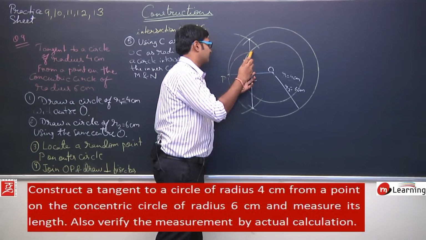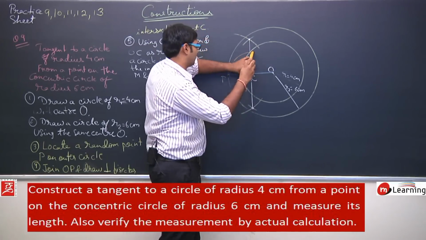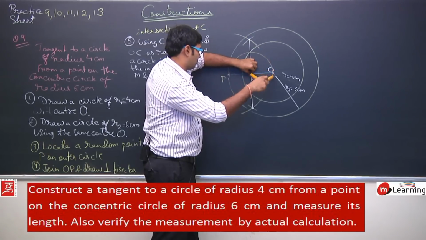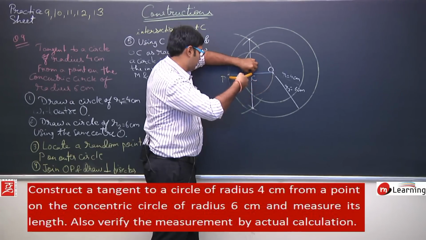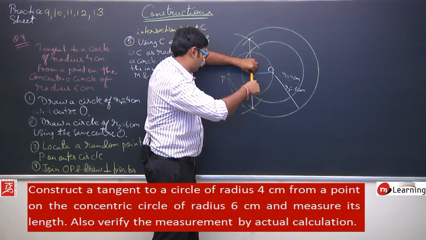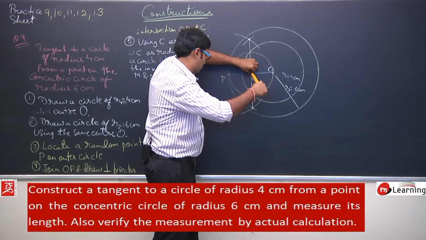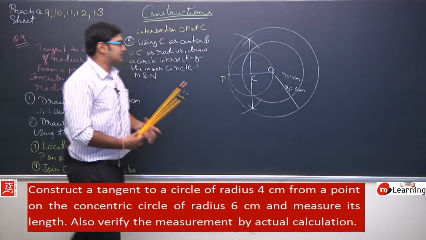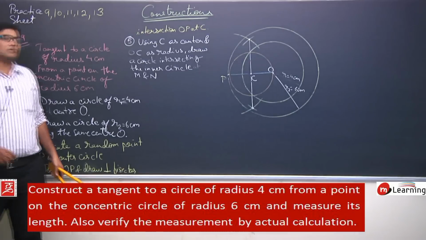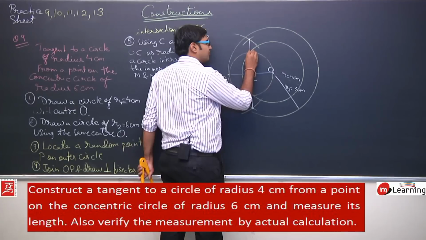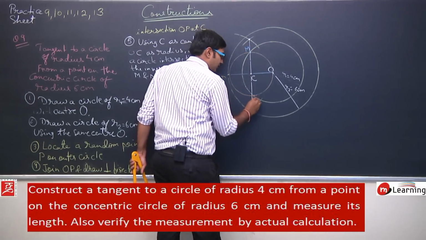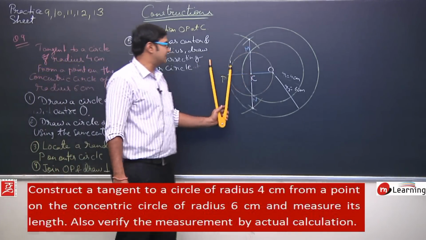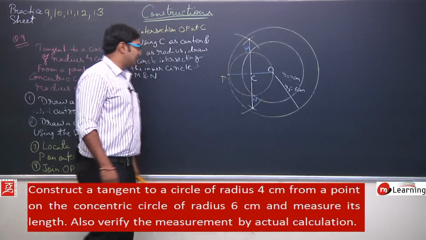Like this, I have drawn a circle using this point C. Now this circle will intersect the inner circle at 2 points M and N.